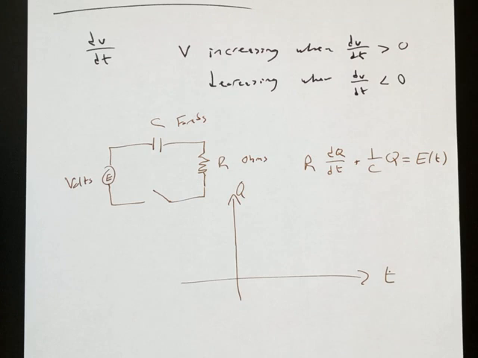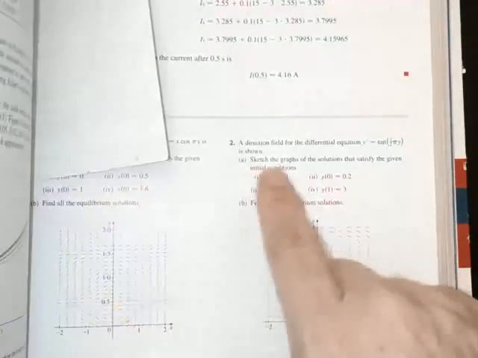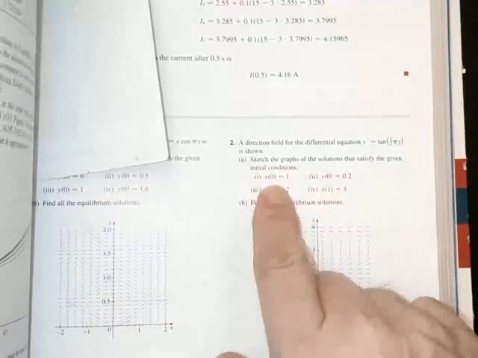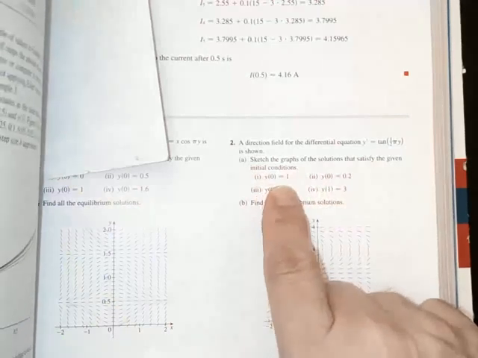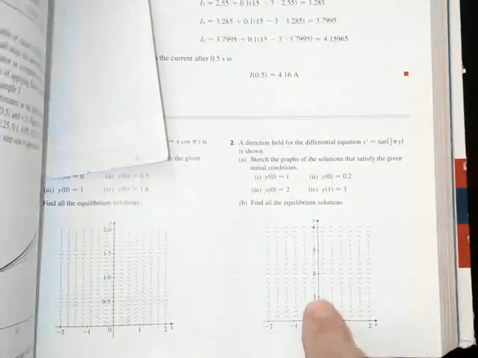So in number 2, you're given a direction field. So all you need to do is draw on this picture. It says, sketch the graph of a solution given the condition y of 0 equals 1. So I want to go to the point (0, 1) and try and draw a curve that would go that way.